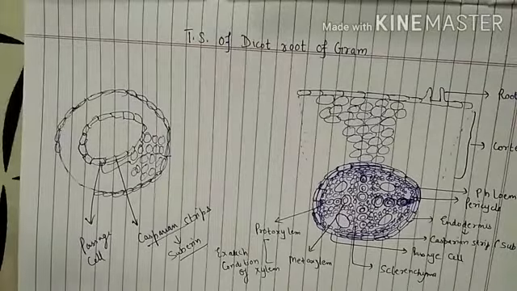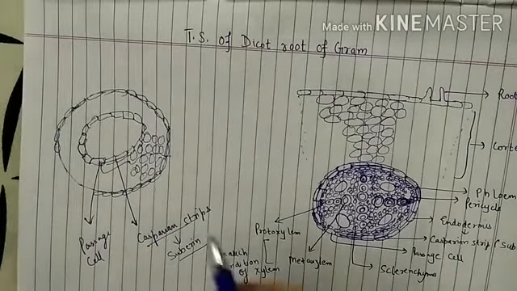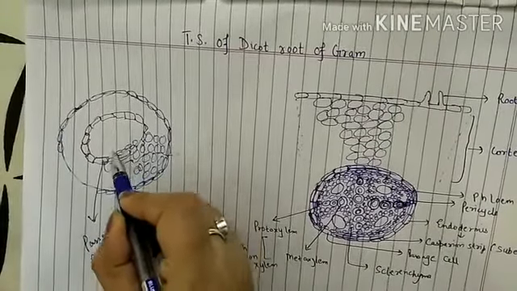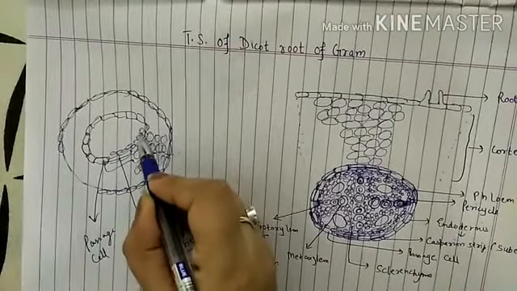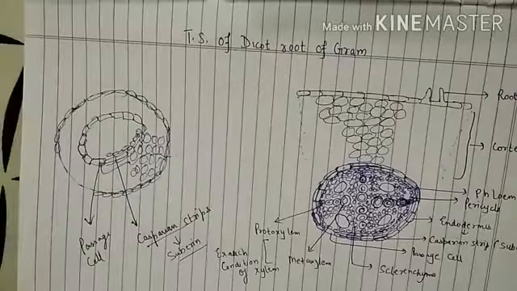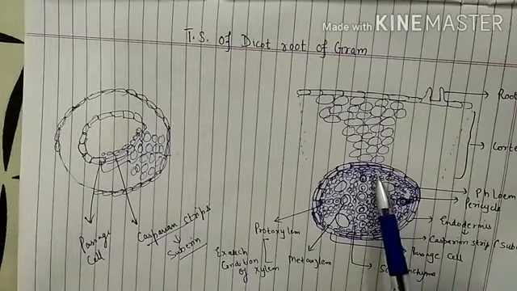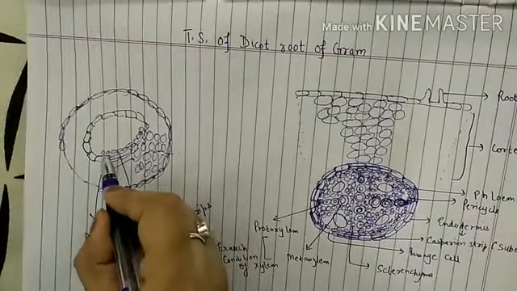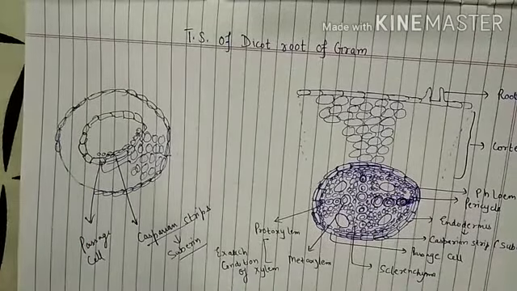Then next to it is the pericycle, a thin layer of parenchymatous cells. Immediately below the endodermis there is the pericycle, and the cells are thin walled and parenchymatous.